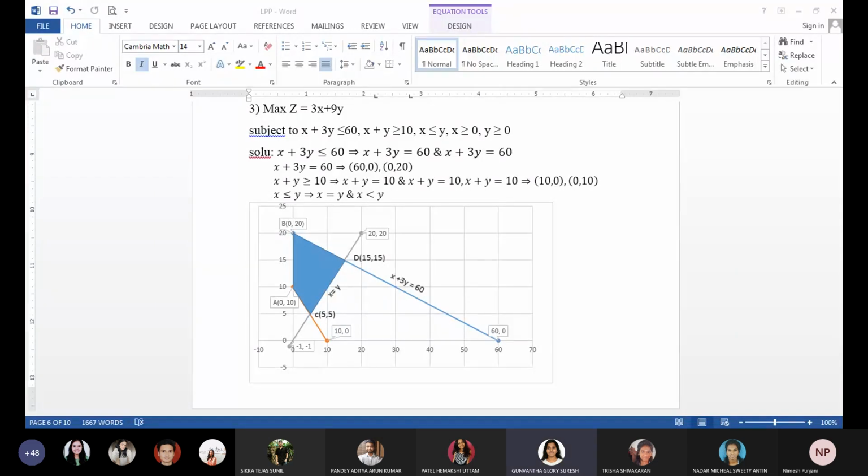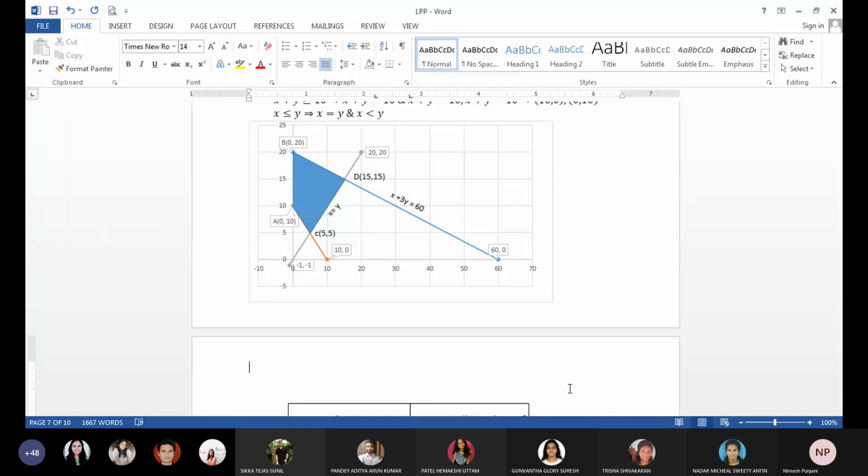Okay, fine. So after getting the feasible region, now you can see that there are 2 points C and D whose coordinates we have to find out, because they are your points of intersection. So first, what we will do is find the coordinates of point C. First, we will write down what C is.